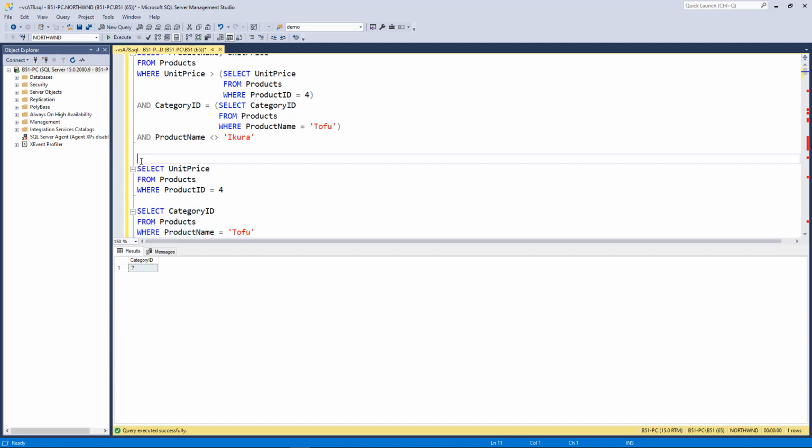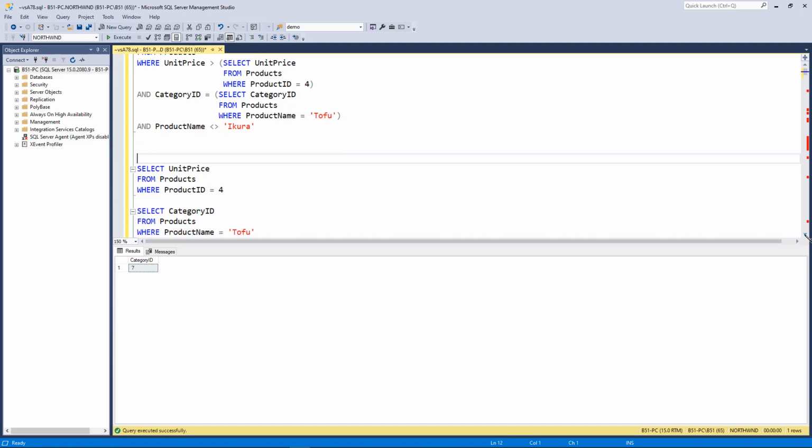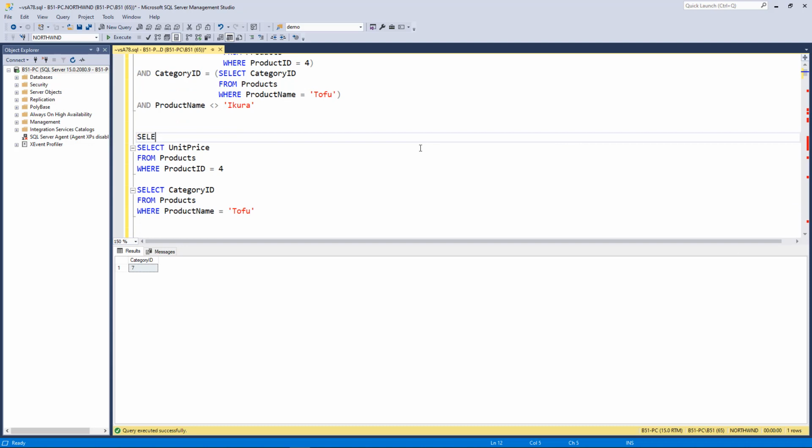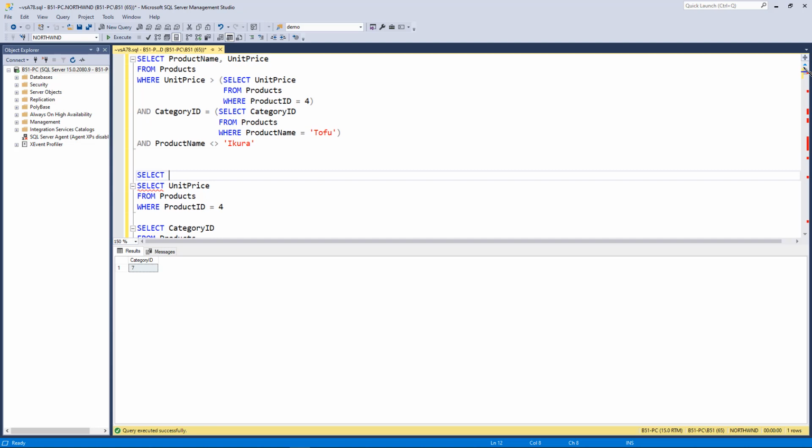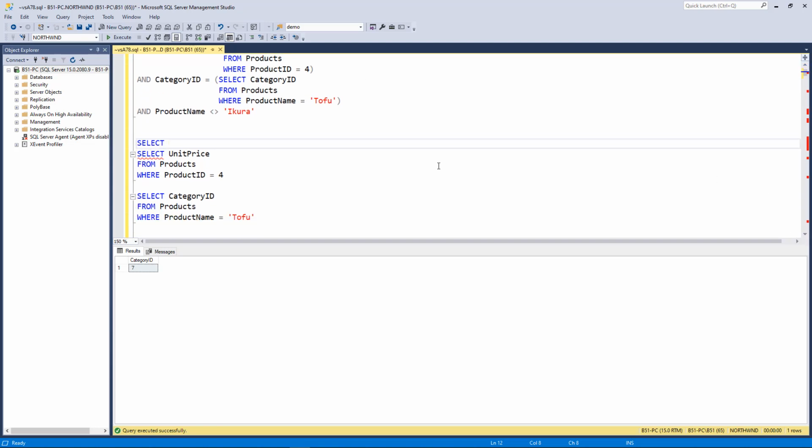Now let's build a main query. The main query will be select. We want the product name and unit price. Let's add also the category ID.